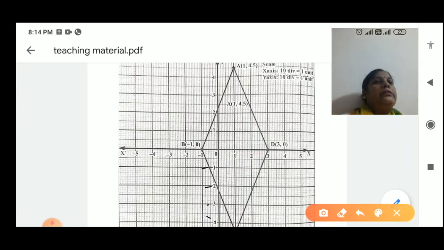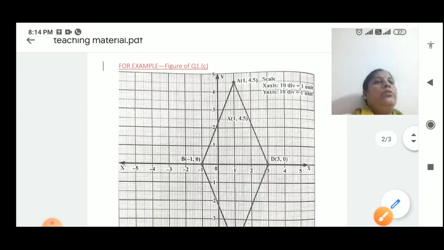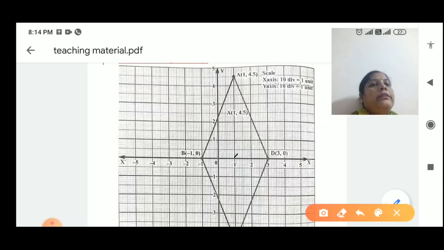Point A is (1, 4.5). On the x-axis you take 1, and 4.5 will be between 4 and 5 here. So this is your point A, (1, 4.5).